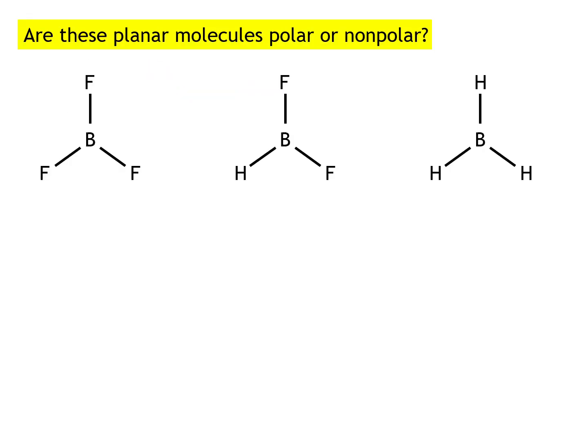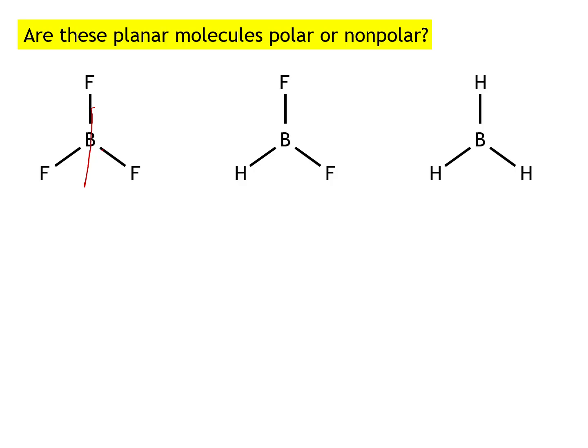All right, so now we're going to say whether these trigonal planar molecules are polar or nonpolar. I've left off the lone pairs. So we look at this first one. This molecule is completely symmetric. If you put mirror planes through it, like that, it looks the same on opposite sides.